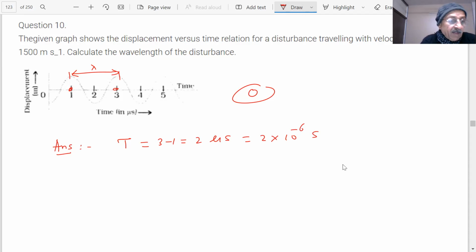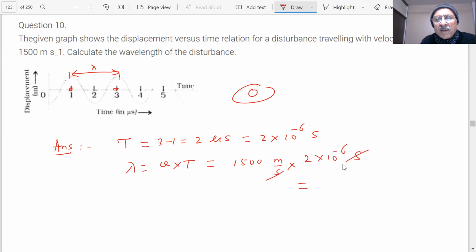Okay. Then what is the formula? Lambda will be equal to what? V into T. What is the velocity? And what is the time period?